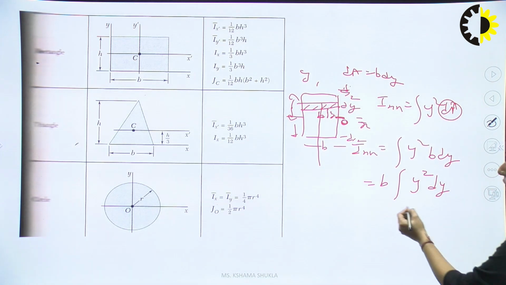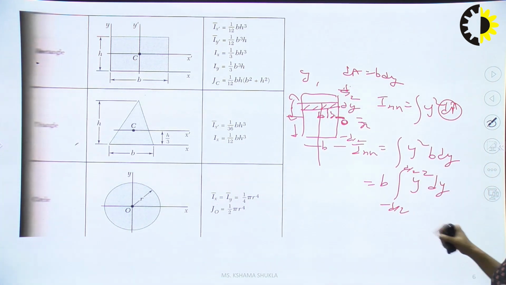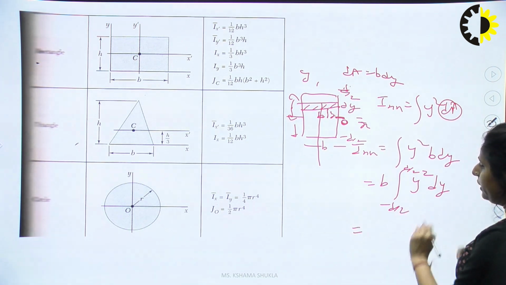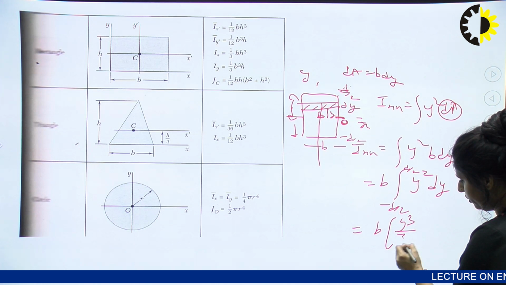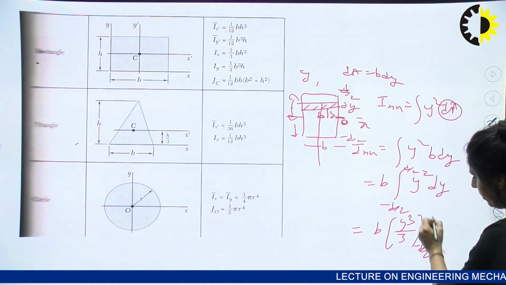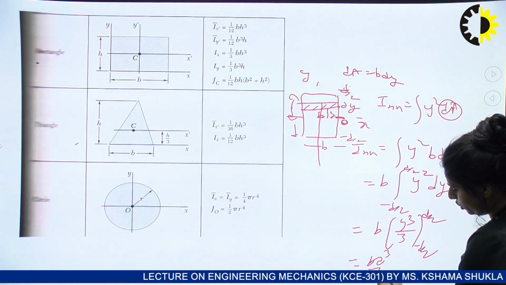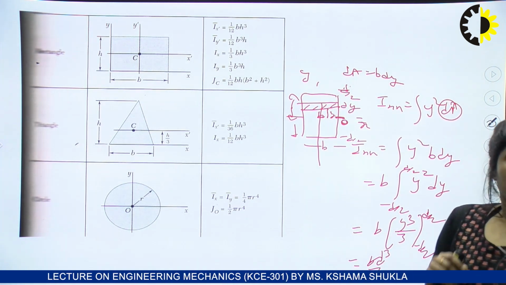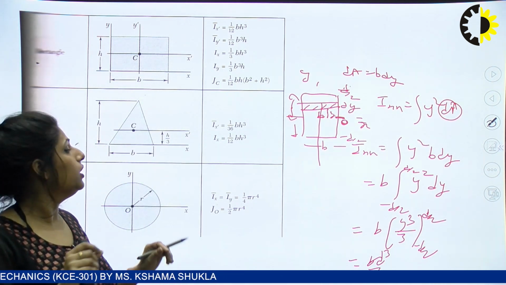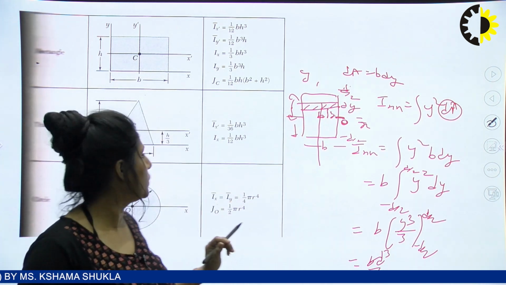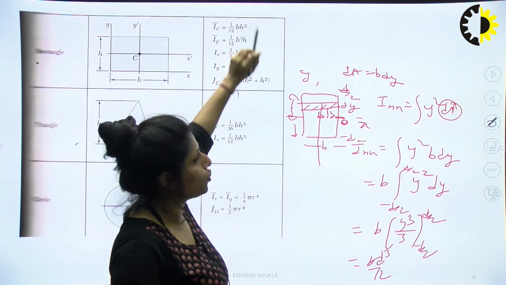So the limit is simply minus d by 2 to d by 2. Integrate it and we get y cube by 3, put the limit d by 2, and the value is bd cube by 12. Every section's moment of inertia you can find easily with this approach. See, the Ixx is bh cube by 12.